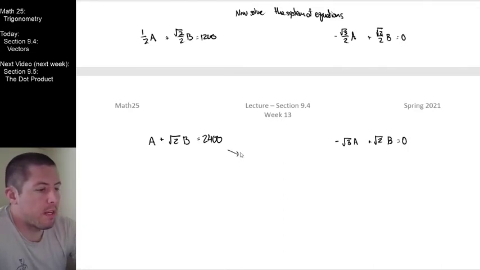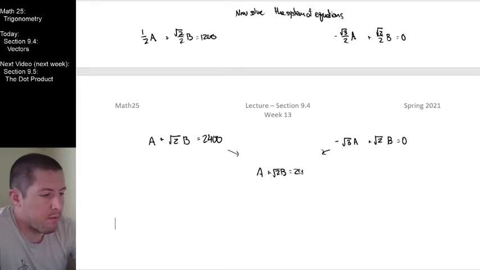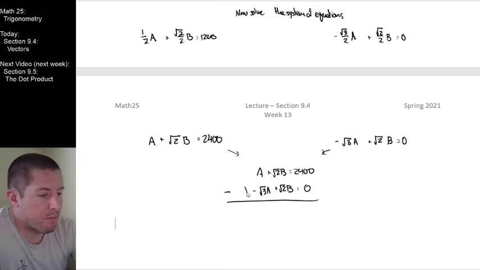And I'm thinking, let's combine these and use elimination to solve. So I have A plus root 2B equals 2400. I can subtract off negative root 3A plus root 2B equals 0. So I'm doing subtraction, and the whole point is that those two terms are going to cancel.